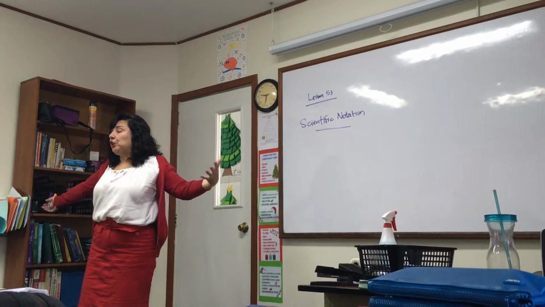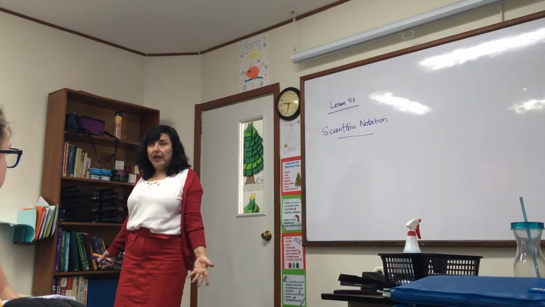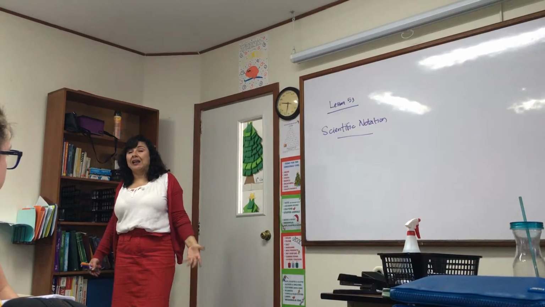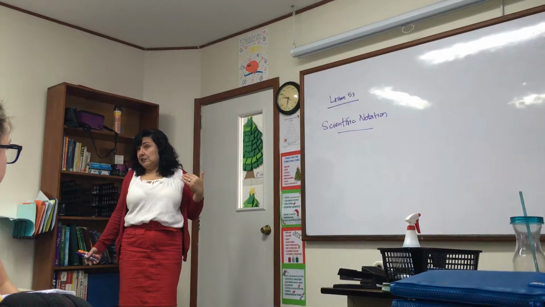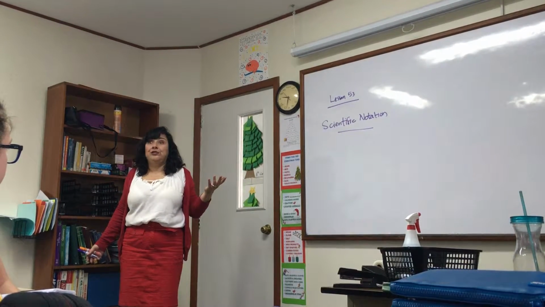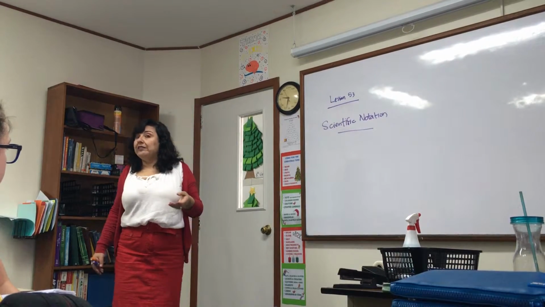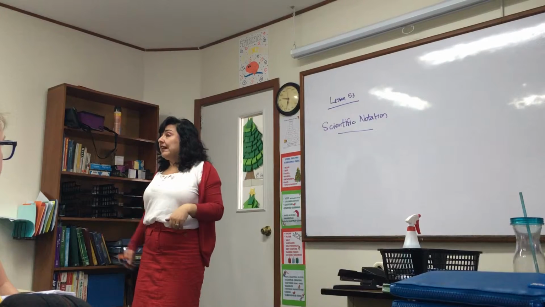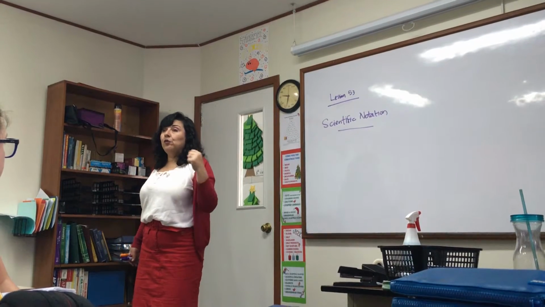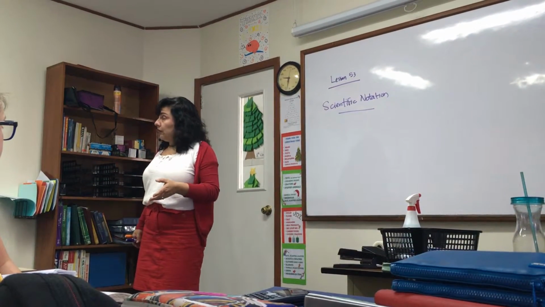So the numbers got humongously big, to the point that they either have too many zeros, really, really large, like the distance from here to, I don't know, Saturn, or they got really, really small with a bunch of zeros after the decimal point, like the weight for an electron.